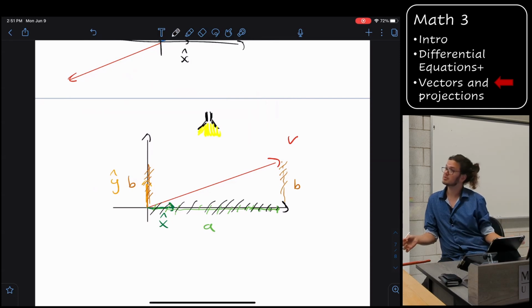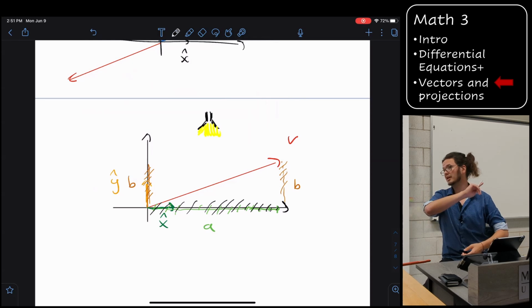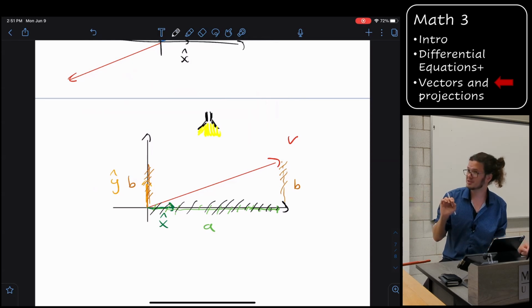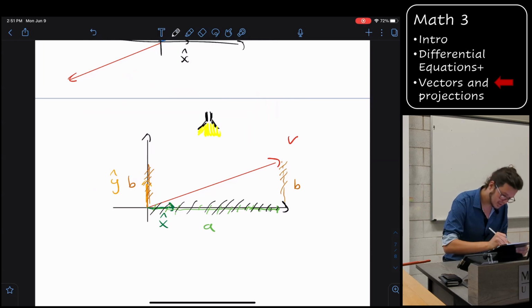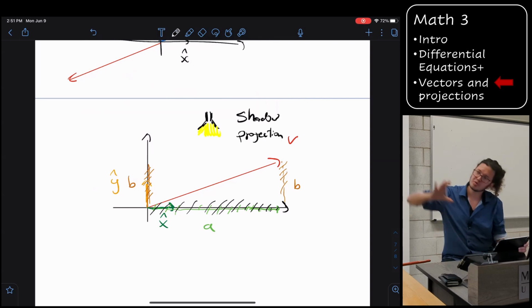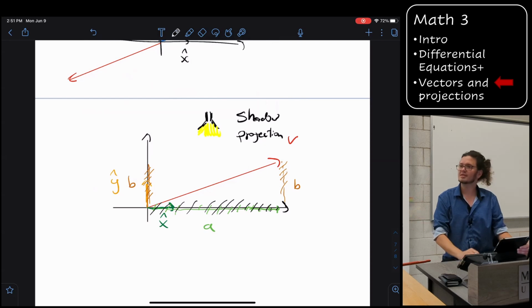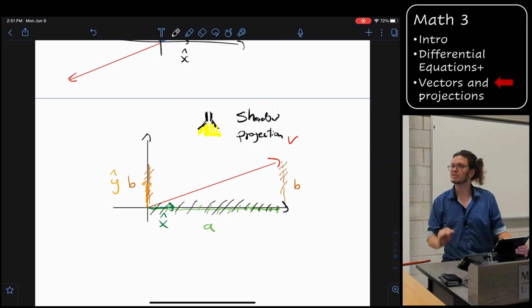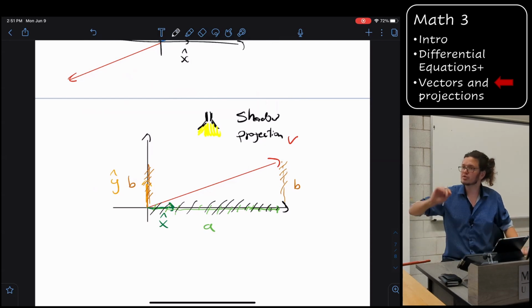You can measure the shadow. And then you can do the same thing with y. And I will give you what those coefficients are. So the keywords in here are shadow or projection. You're going to project this vector into the x direction, measure that, and you're going to do the same in y. And that's exactly what we're going to do right now.